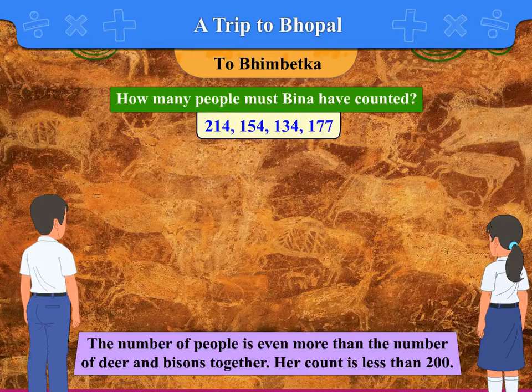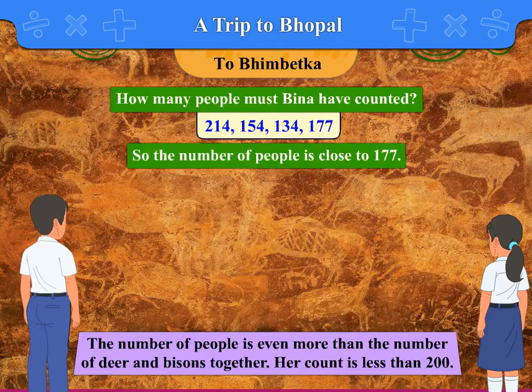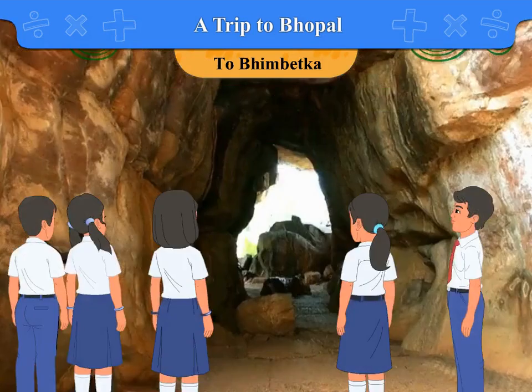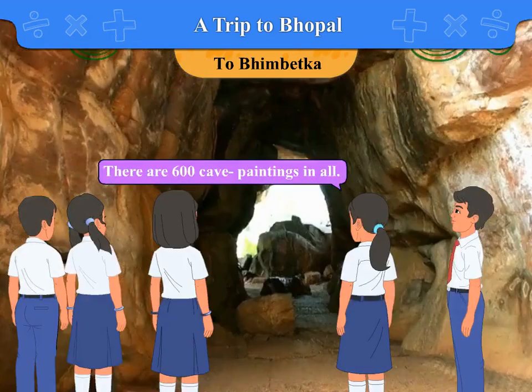Beena said the number of people is less than 200, but the number close to 200 is 177. So, the number of people is close to 177. The guide tells them that there are 600 cave paintings in all.